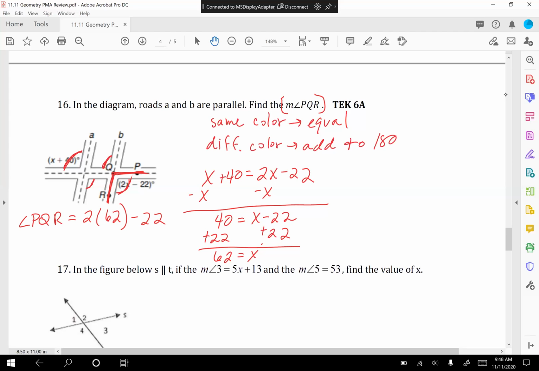So 62 times 2 would be 124 minus 22. So PQR, so Q, okay, would be 102. Could I also have plugged into that x plus 40 and gotten the same thing? Yeah, because the angles are equal.